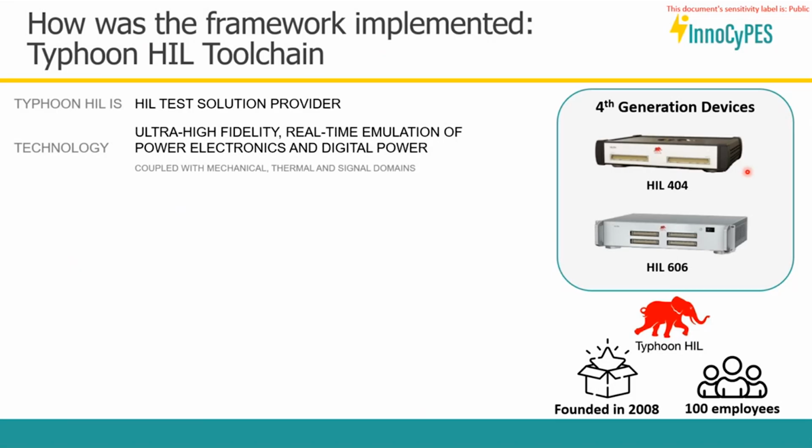They sell devices that accompany a software toolchain which you can use to program the real-time simulator. There are different tools in this toolchain you can use to perform a bunch of automated tests, and so on. It was founded in 2008, and right now it has a bit more than 100 employees already.